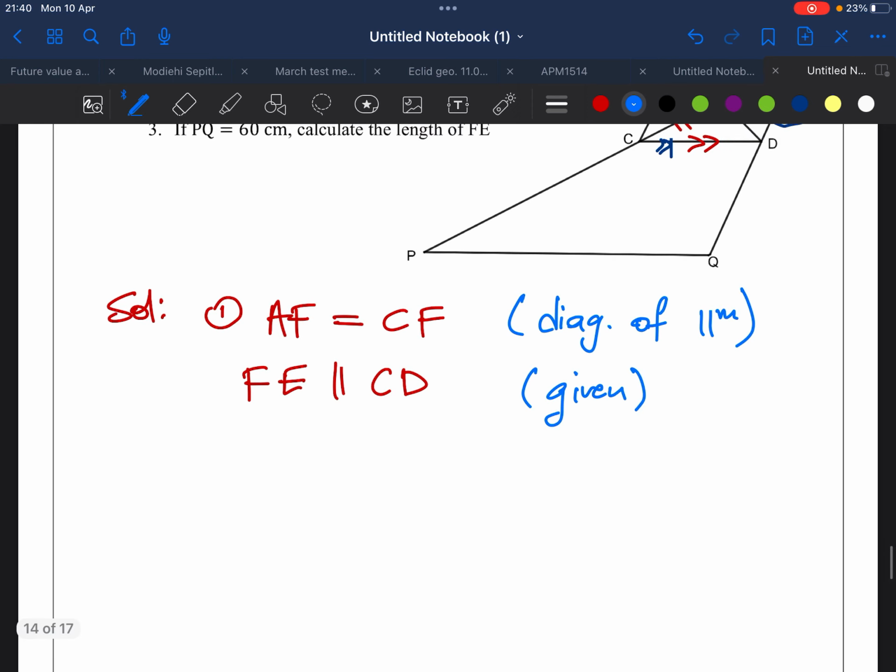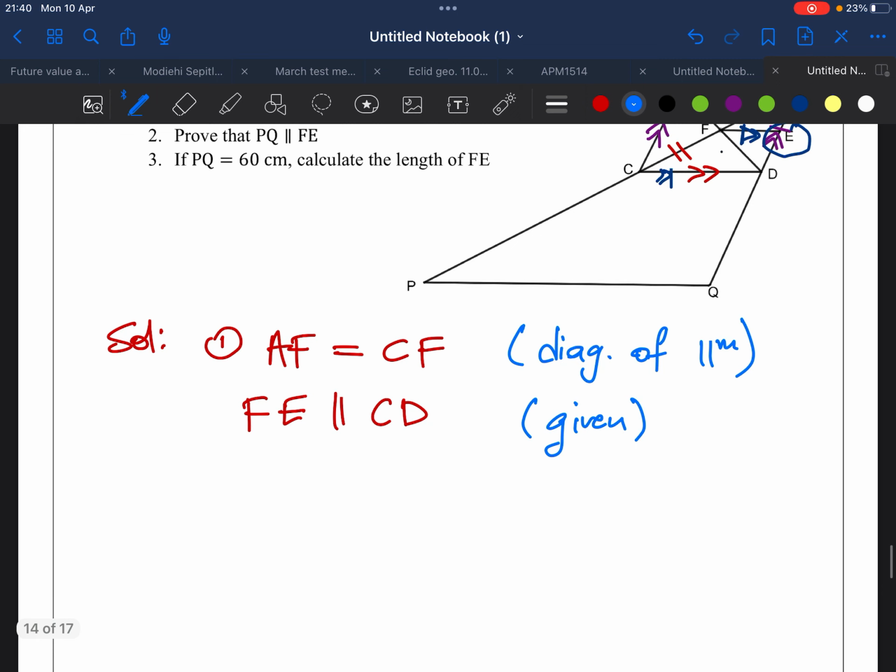So now we can conclude and say, then AE is equal to ED. Our reason will be the midpoint theorem.